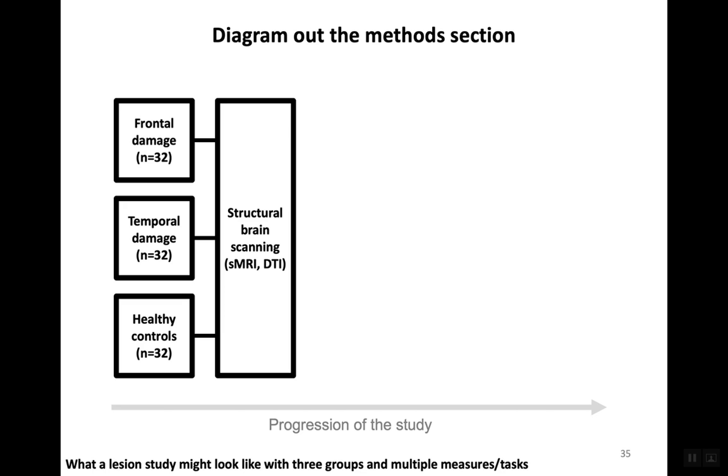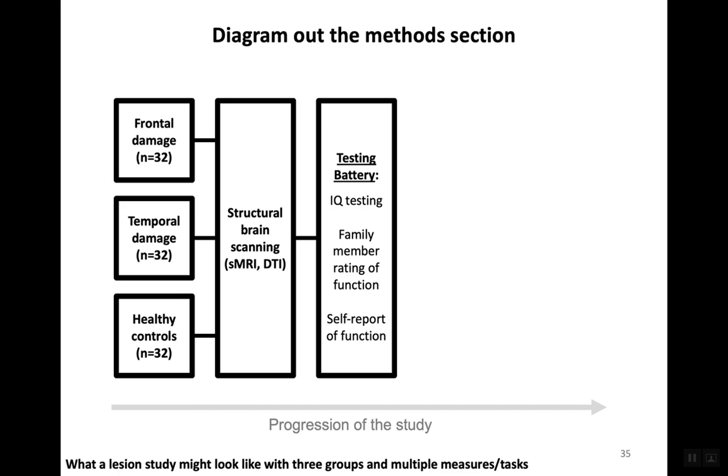As is often the case with patients with brain damage, we like to acquire structural data from the very beginning. So if we're interested in cortical damage, we certainly wish to acquire structural MRI data. If we believe that there might be some critical damage to white matter, then presumably we also want to collect some DTI.